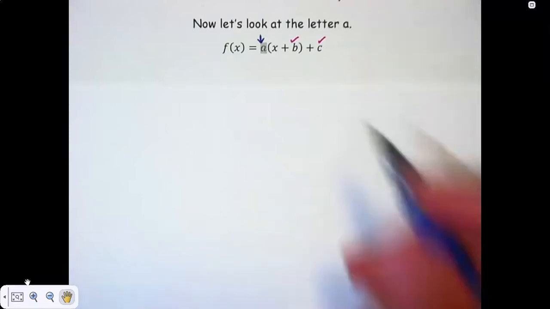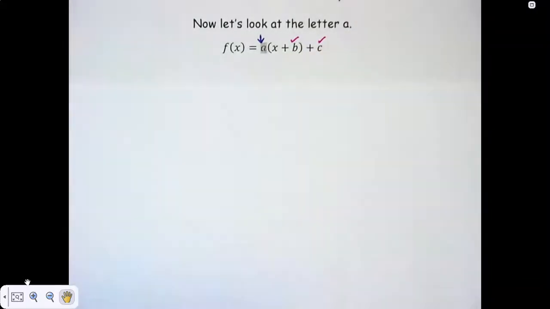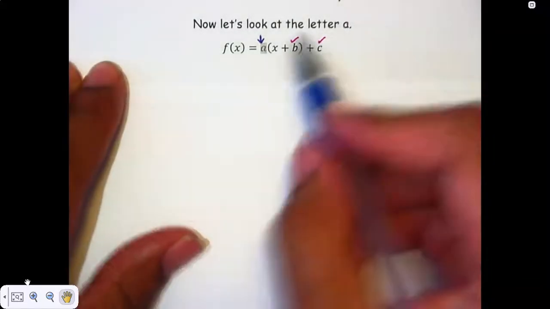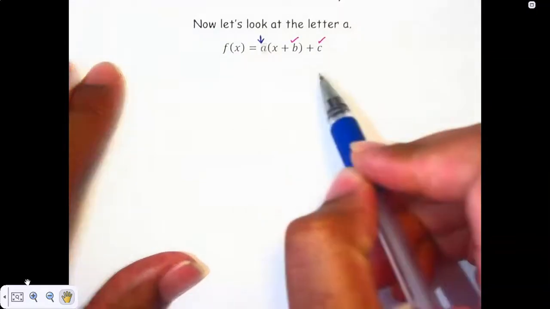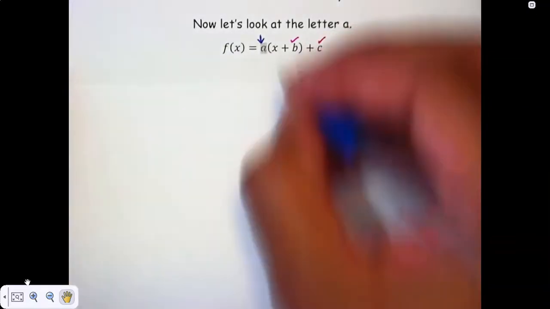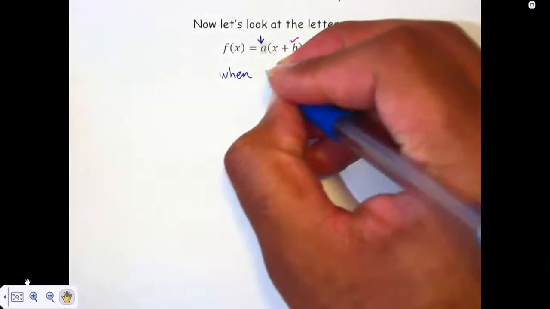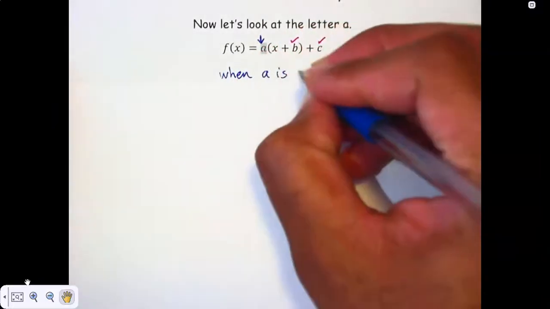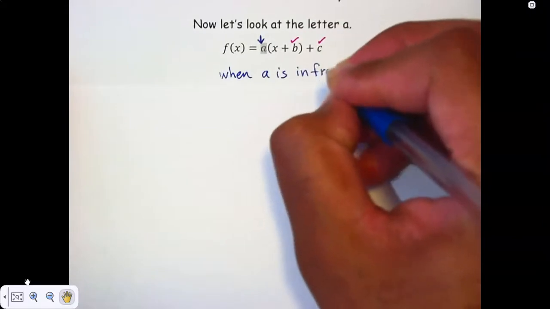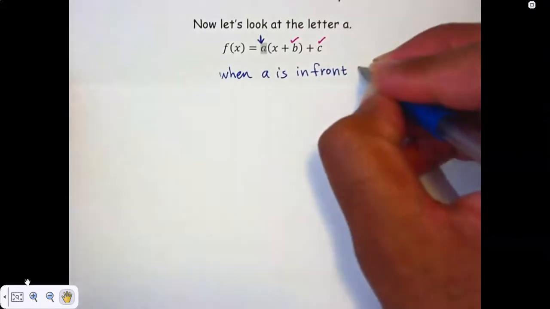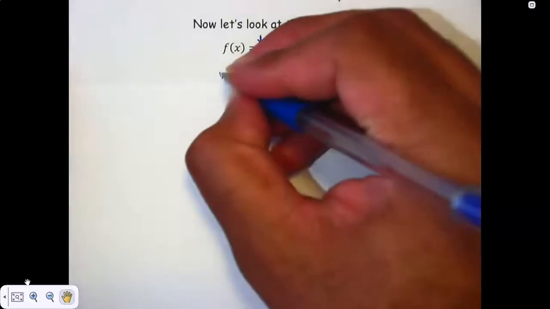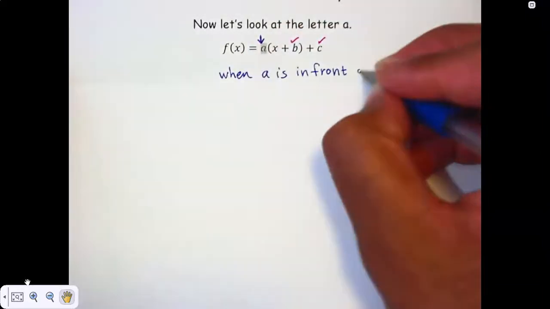All right. So here we're going to take a look at our A, and first off, we're looking to see where A is in front of the function. So again, this is when A is in front. I just say in front of the function.